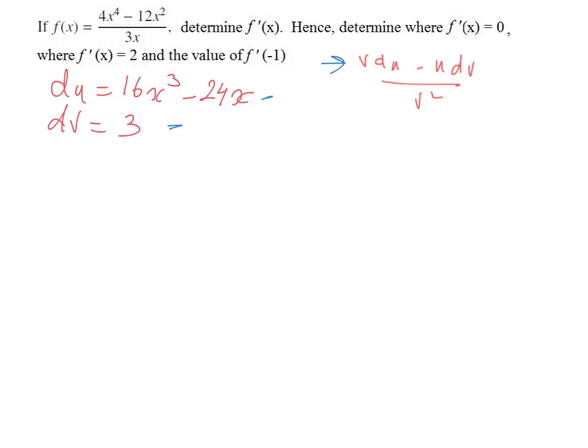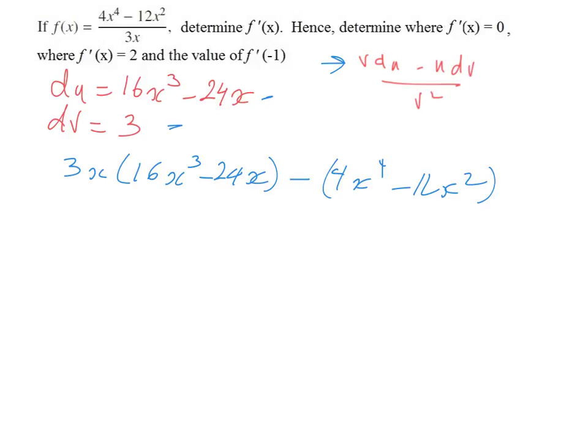So then from there, we're going to substitute this and this into these. So v du, we're going to have 3x, because that's v, times du, 16x cubed minus 24x, minus u dv, which is 4x to the power 4 minus 12x squared, and then multiplied by dv, which just ends up being 3.